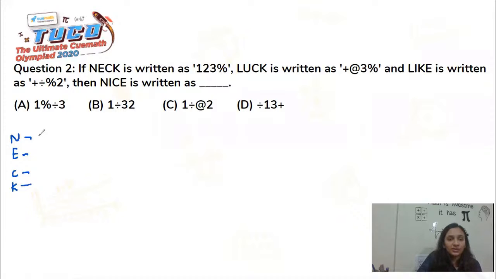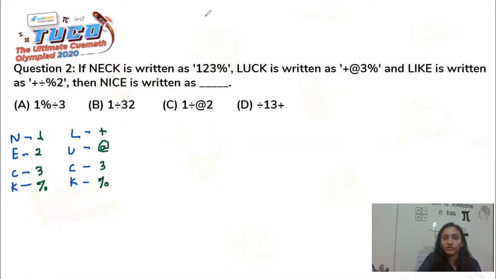N has got the code 1, E has got the code 2, and then 3 %. Now let's go on to the next word which is given in the question, which is luck. L-U-C-K, and we'll see how each of these alphabets has been coded. L has been coded as plus, U has been coded as at, C has been coded as 3, K has been coded as percentage.